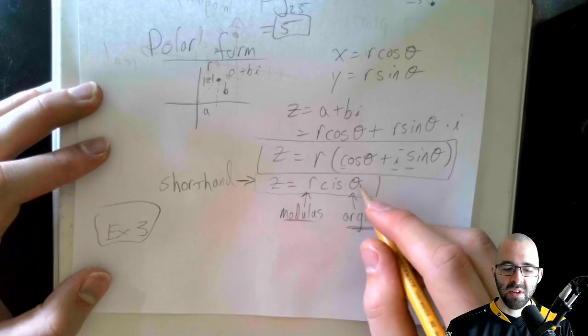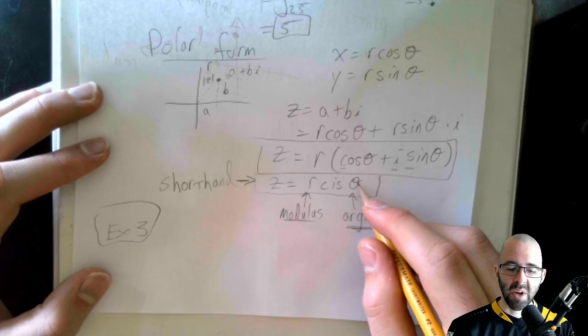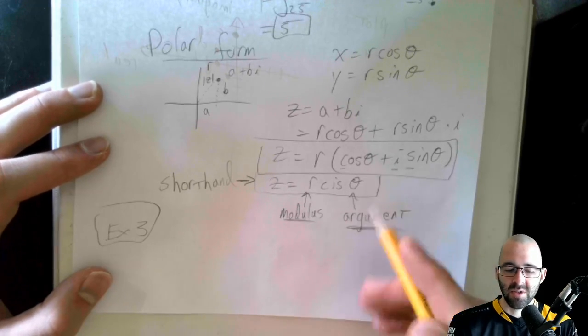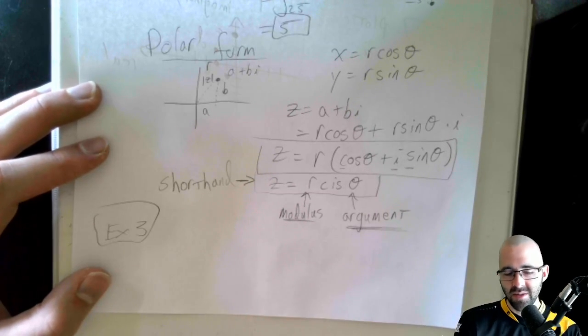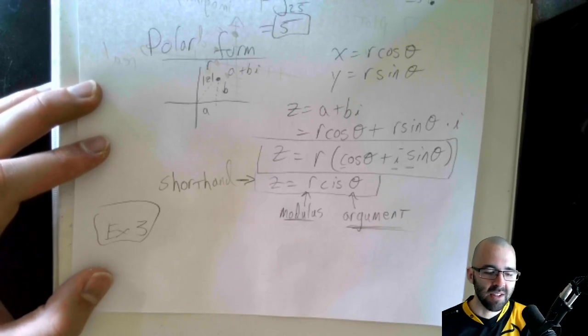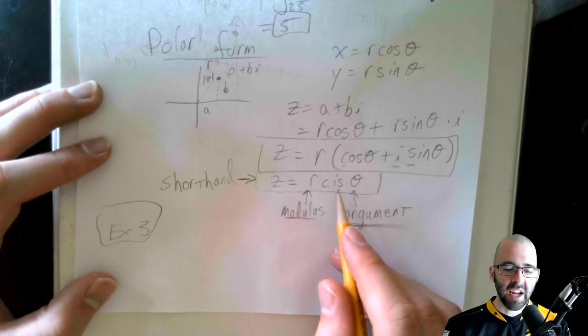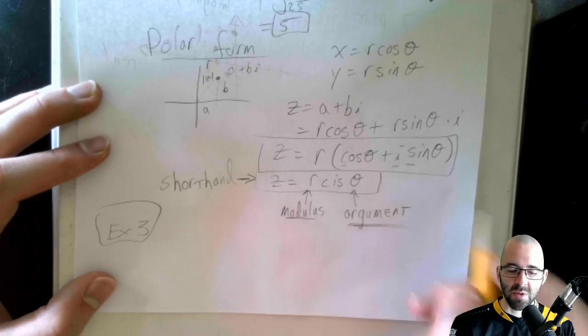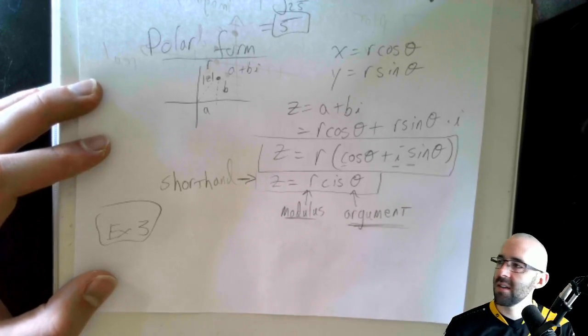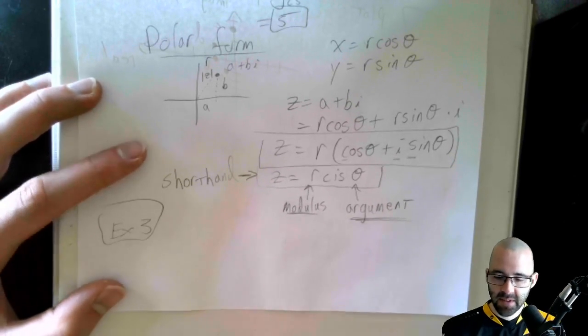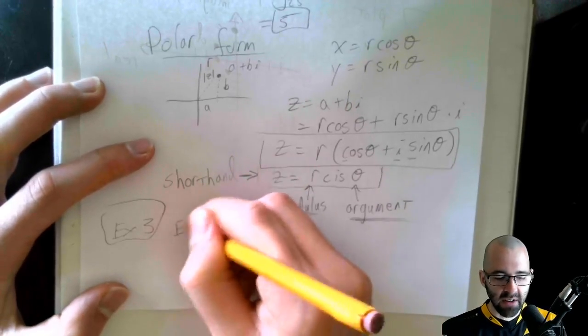It's not very common for a trig class, but I don't see any reason not to include it. It's just shorthand, and it makes less writing. You don't have to use it, but I will use it because I'm lazy. Feel free to ask me if you forget what the shorthand is. I'm not requiring you to remember it, but it's kind of nice.